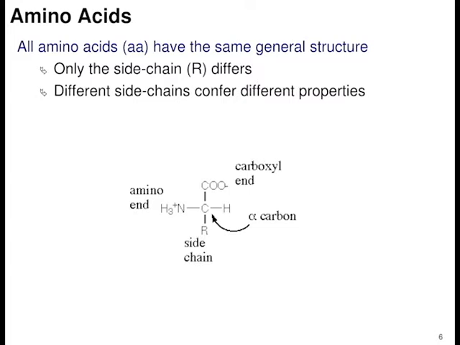Under polar, we have acidic, basic, and neutral, or weakly acidic. Under acidic, we have aspartic acid and glutamic acid. Under basic, we have histidine, lysine, and arginine. Under weakly acidic, we have serine, with the OH, and also threonine.